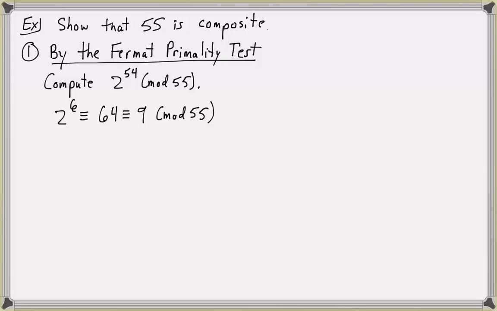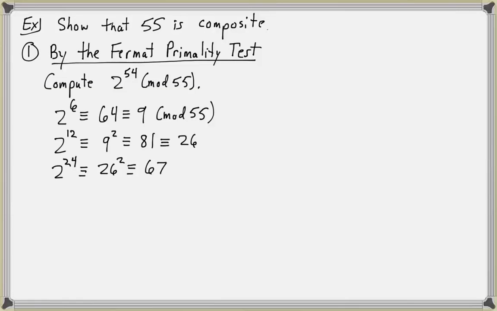So then I can compute 2 to the power 12, because 2 to the 6th is 9. This is congruent to 9 squared, or 81, which reduces to 26 mod 55. Then 2 to the power 24 would be congruent to 26 squared.